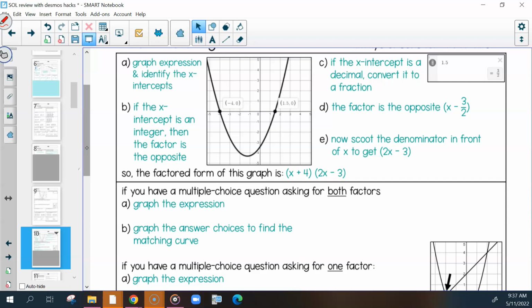So if this was positive, it'd be x minus this, and then they take the denominator and move it in front of x and leave the numerator there. That's not actually how that works, but I'm not going to get into that right now. There is a mathematical way behind that. Just know that for now, you can use that process. And then the factored form of these two would be x plus 4, the opposite of negative 4, and then 2x minus 3.